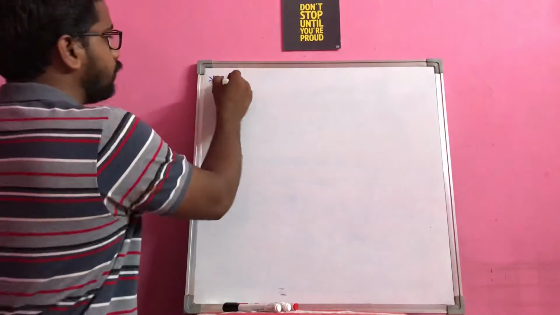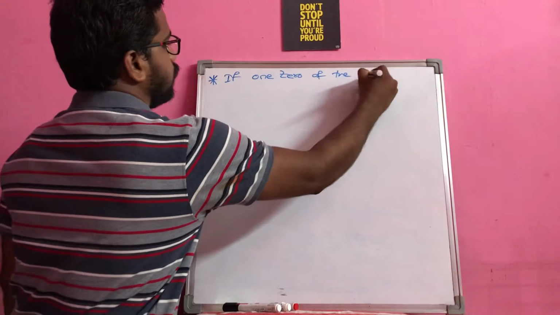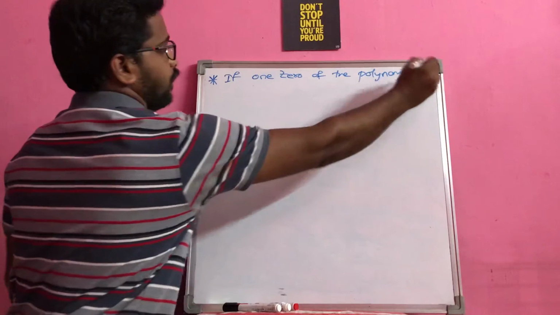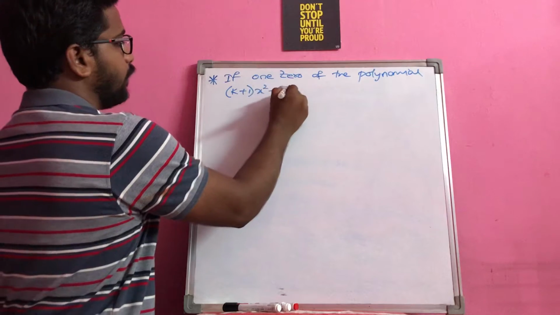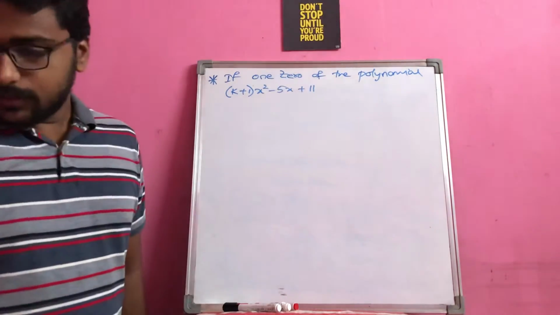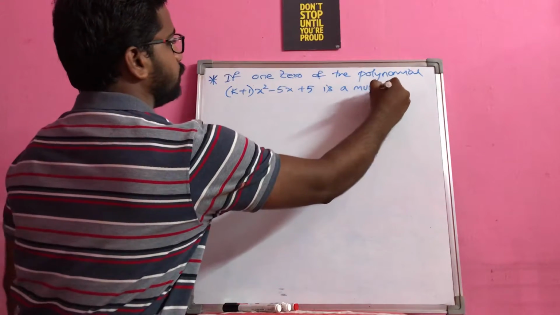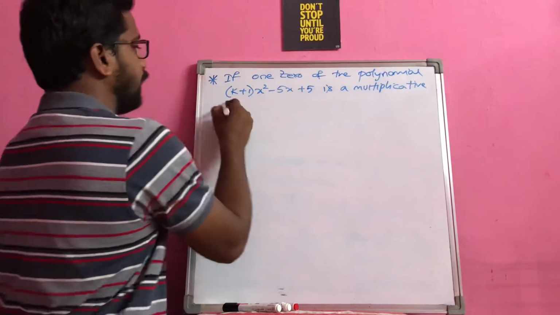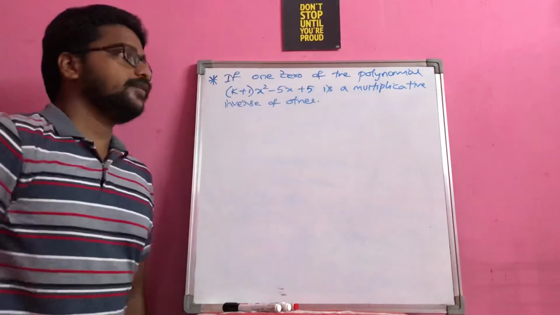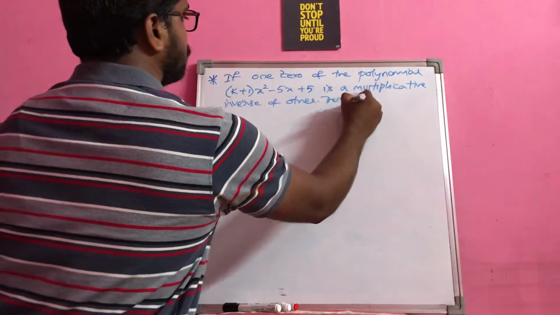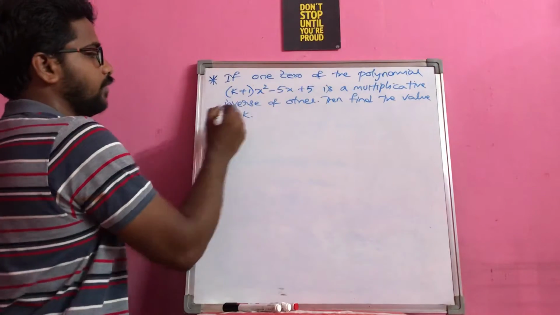If one zero of the polynomial (k plus 1) x square minus 5x plus 5 is the multiplicative inverse of the other, then find the value of k.